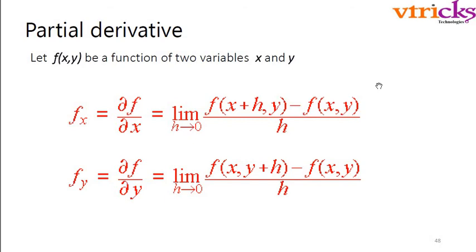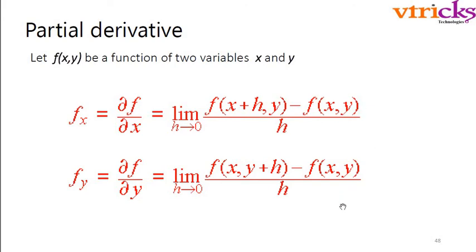So I am only writing f of x plus h, y minus f of x, y. So y is not changed. We have changed x by a small amount, x plus h, and we are taking the difference. The definition of the partial derivative is the same as the definition of the first order derivative, f of x plus h minus f of x by h, limit h tending to 0. The only thing is we have retained y here and we have not allowed y to change.